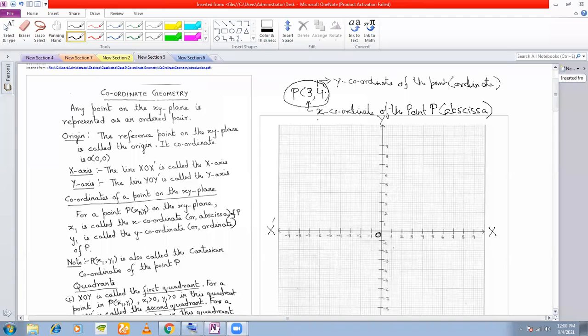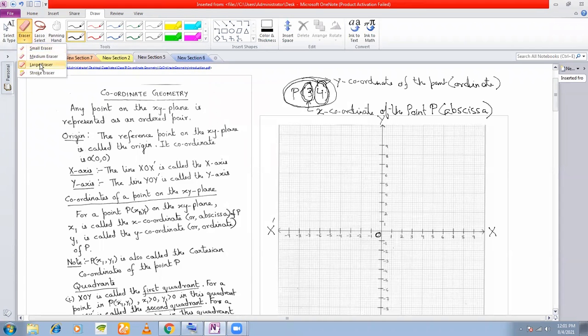If I give you the point 3, 4, and I ask you what is the abscissa of the point P, what should be your answer? 3. If I ask you what is the ordinate of the point P, you will say 4. Clear?